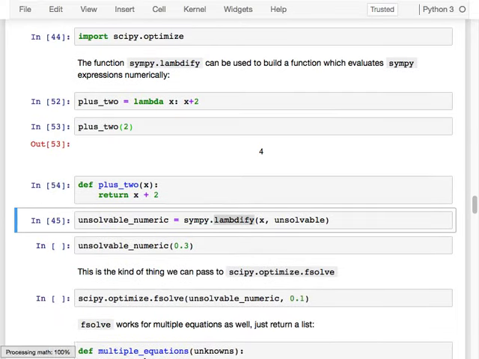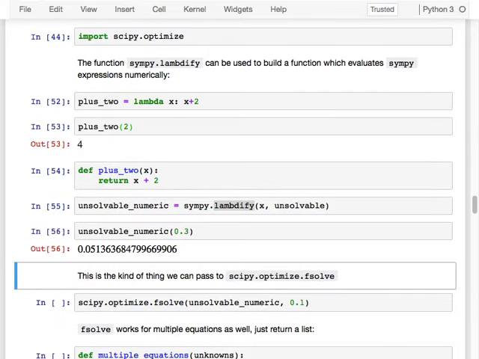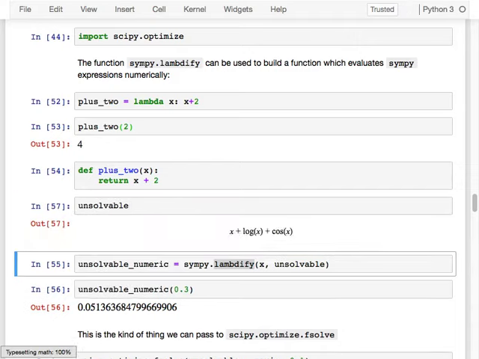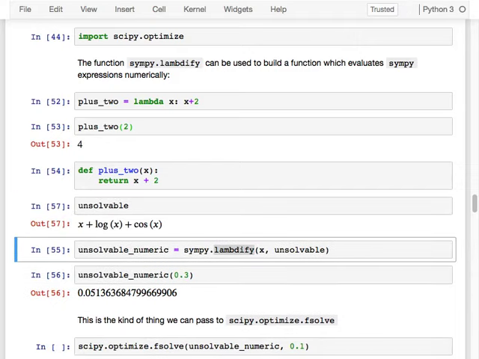So why it's called LambdaPhi is a reference to this. Lambda is a way of turning an expression into a function. Okay? Just to be clear about the words that I'm using here, this thing which colloquially your brain is thinking of as an equation, from a computer science point of view, and the words that SymPy will use when talking about this object, is that this is an expression.